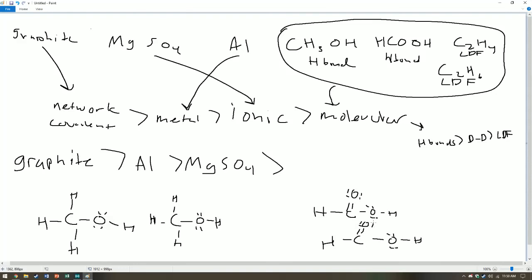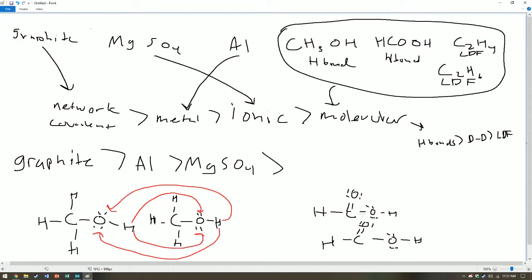And what I can notice here is that since this will partake in hydrogen bonding, we can attach this particular hydrogen either to this lone pair or this lone pair, and it would still be a hydrogen bond. And similarly, I can do it here or here.